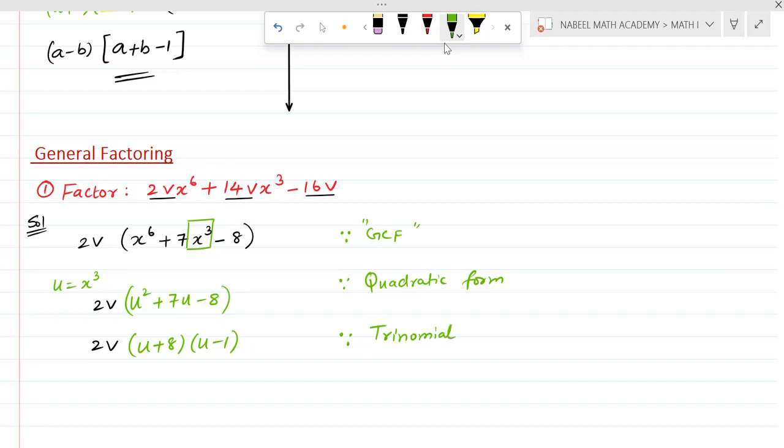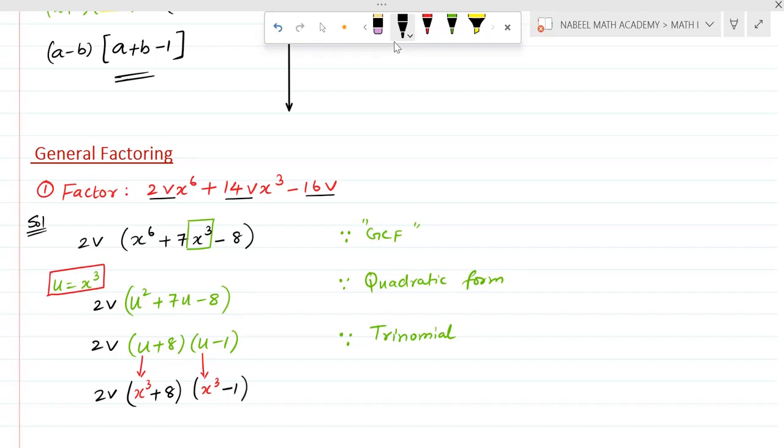Okay. So after that, I just replace u with what? x cube. So I replace u with x cube. So what happened? The answer is 2v times x cube plus 8, x cube minus 1.